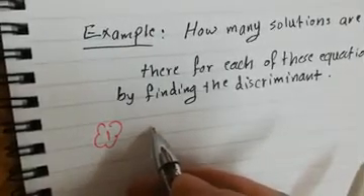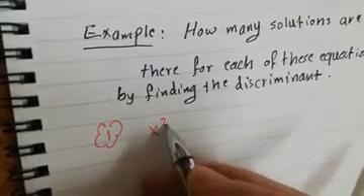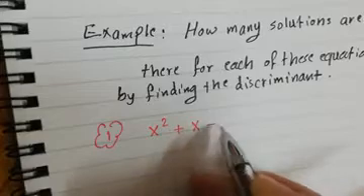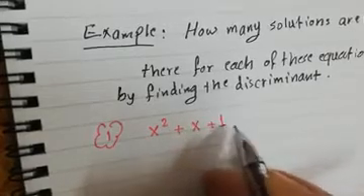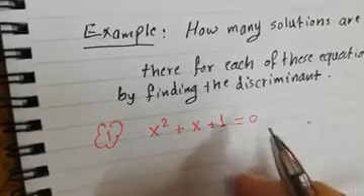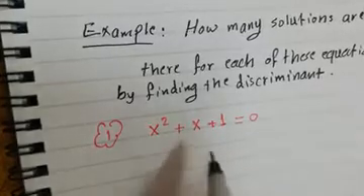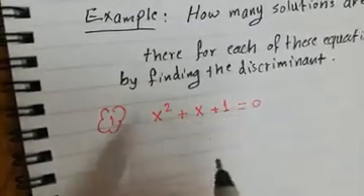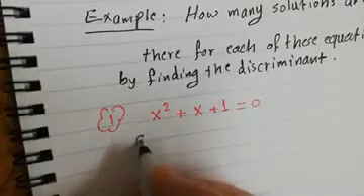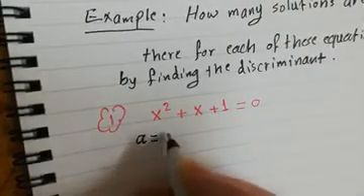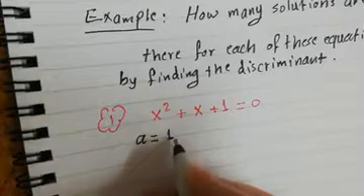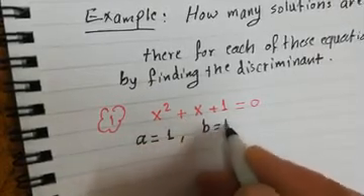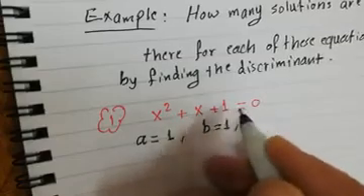Okay, 1. If you have this equation, x squared plus x plus 1 equals 0. Now this equation is written in the standard form, so I will decide what is A. A is 1, B is also positive 1, C is positive 1.